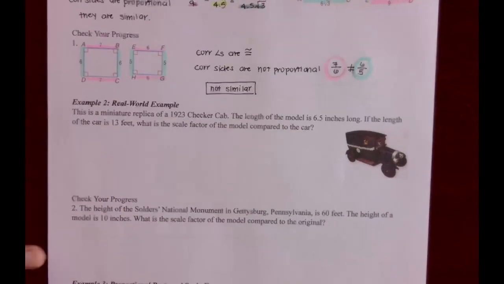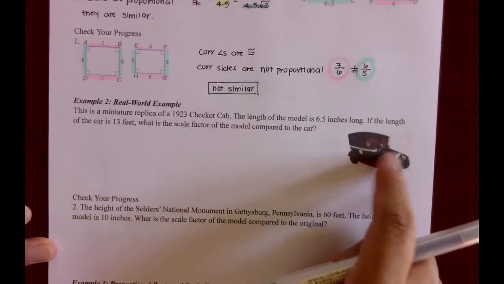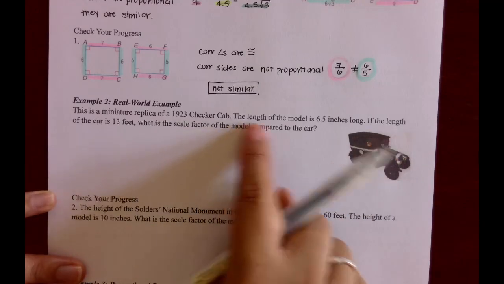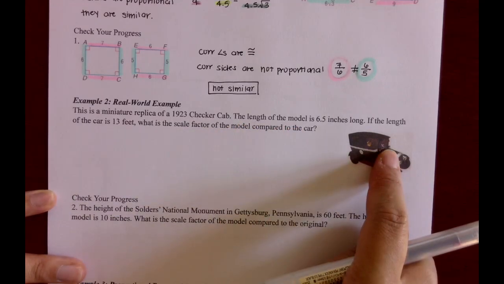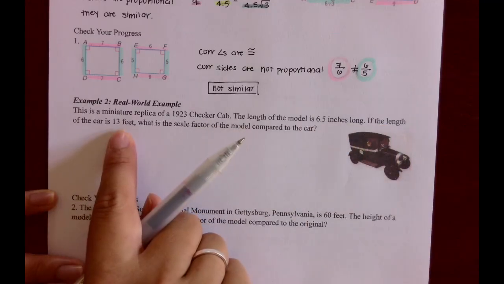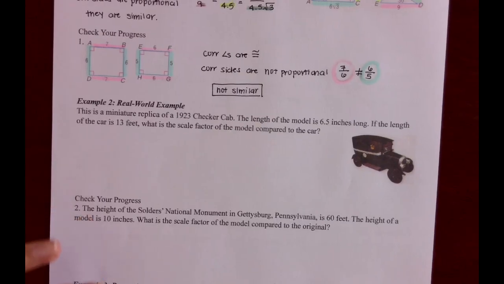The next one here is example 2. This is a miniature replica of a 1923 checker cab. The length of the model is 6.5 inches long. If the length of the car is 13 feet, we want to know what the scale factor of the model is compared to the car.